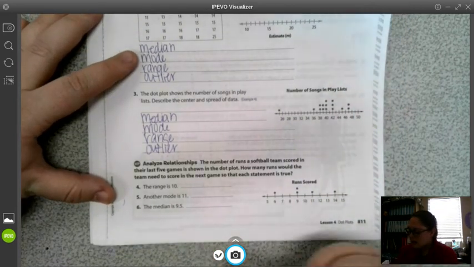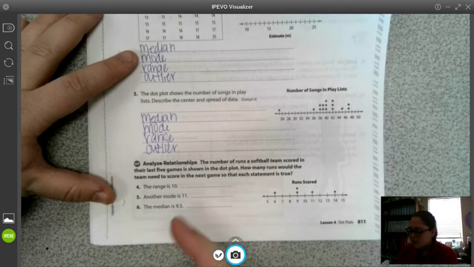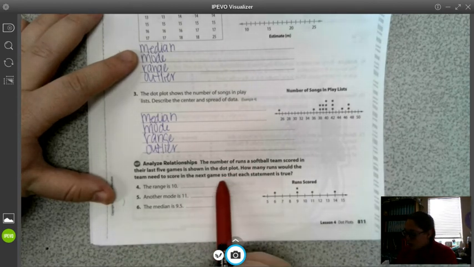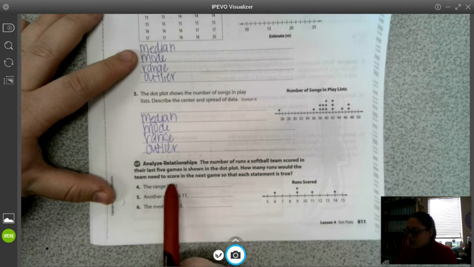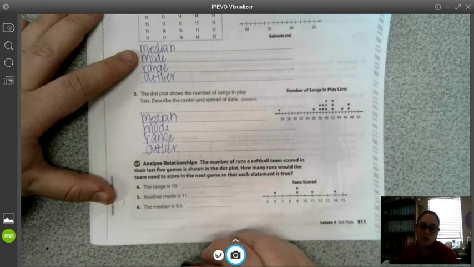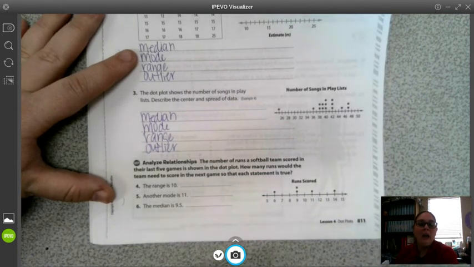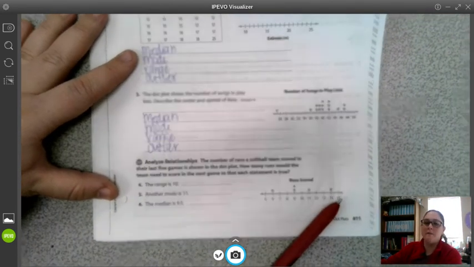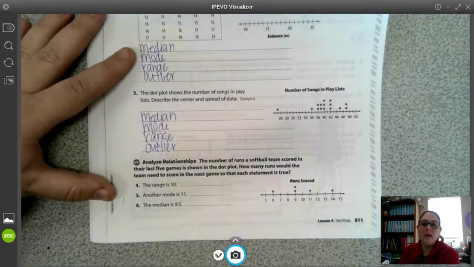It says that the number of runs the softball team scored in their last 5 games is shown on the dot plot. How many runs would the team need to score in the next game so that each statement is true? So you are adding 1 game to this set of data. Make it clearer. There we go. 1 game.